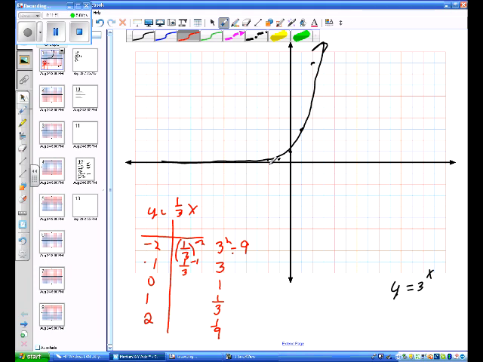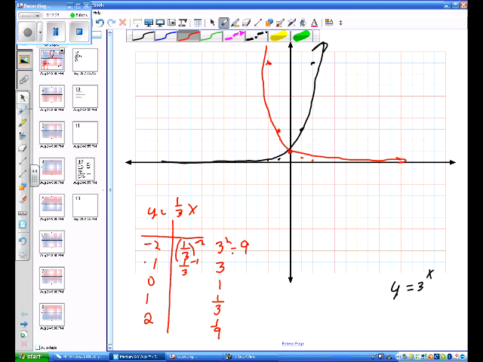So if we graph this one, when x is -2, y is 9. When x is -1, y is 3, 0, 1. Then we have 1/3 and 1/9. And again, we're going to be coming down or decreasing. And then our x-axis acts as a horizontal asymptote. All that we did here was change our base.